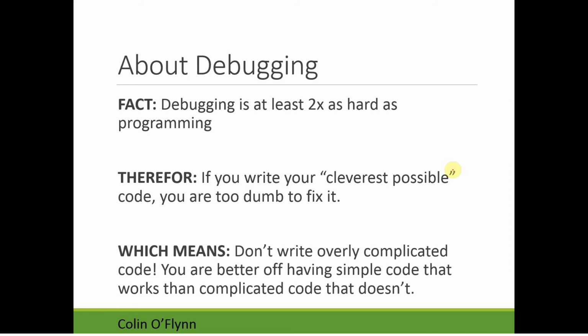As a side note, that's half a joke, half the truth. Don't write overly complicated code. If you write code that you've tried to be as clever as possible, you're going to get into the situation where you look back at it in a week, 6 months, a year, and you have to say, oh, what was I thinking when I wrote this?